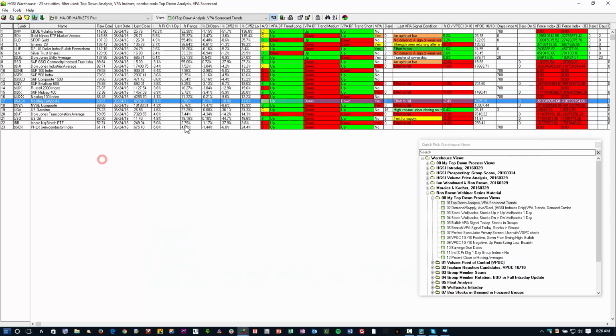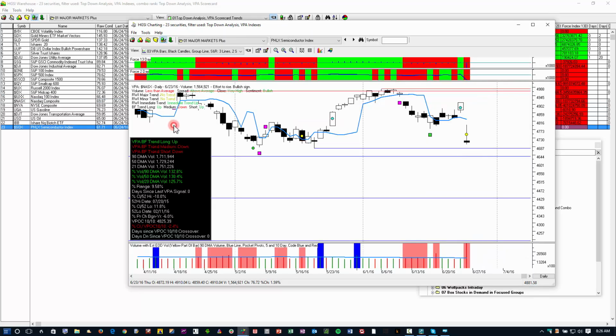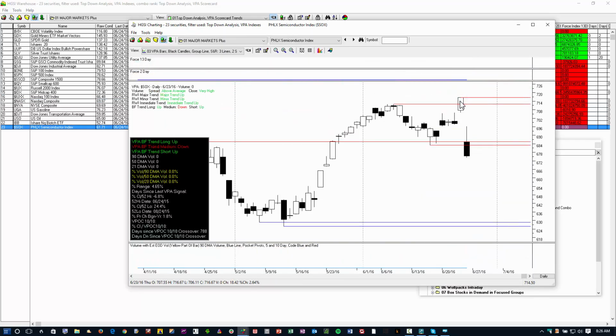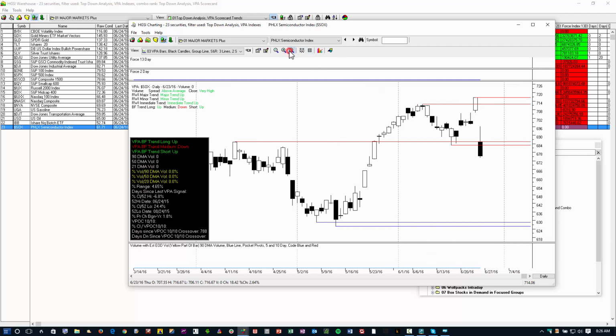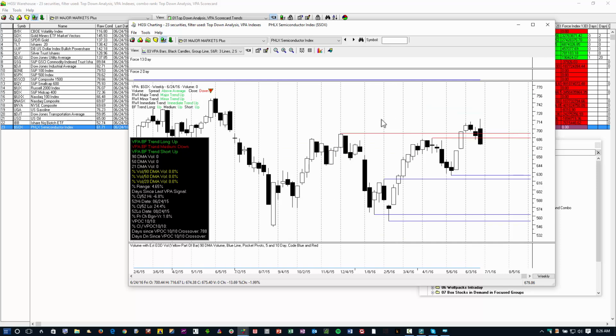Okay, let's look at a few more things here. The SOX, like I said, look at this. It was breaking out to a short-term high. There's no volume on this. This is why I don't have any other indicators. But let's do a weekly on this. And here's the way the week ended. But on Thursday, it was at this point. So if I put a crosshair on here, you can see that this goes back to July of last year.